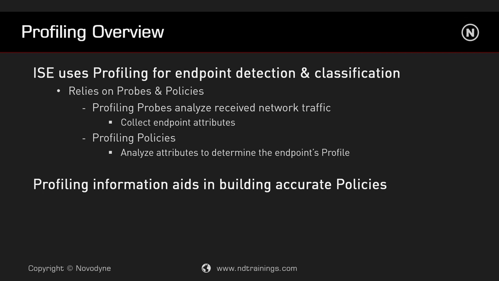Like I might be able to tell that the device with MAC address X is an Apple iPhone versus the device with MAC address Y is, let's say, a Cisco IP phone. So with this information in place, I may then be able to use it in my authorization policies, and this way come up with much more accurate rules and eventually build more secure, more accurate policies in my network.